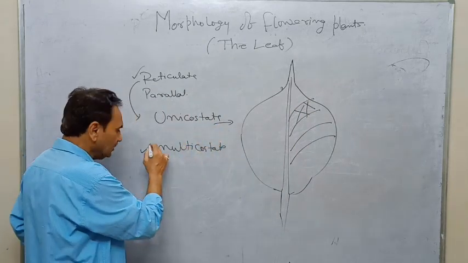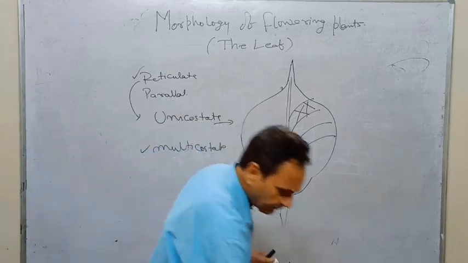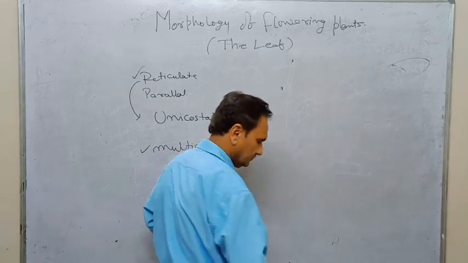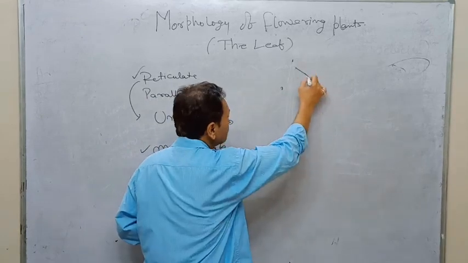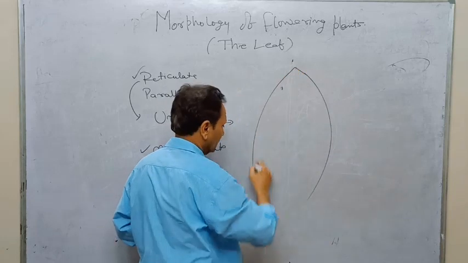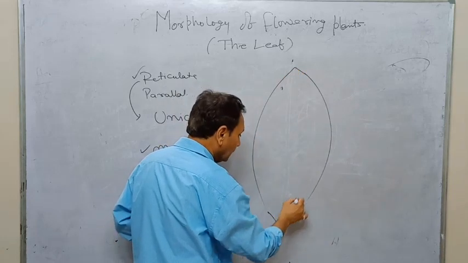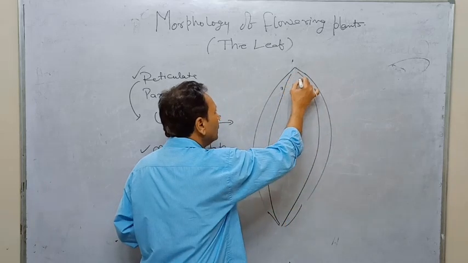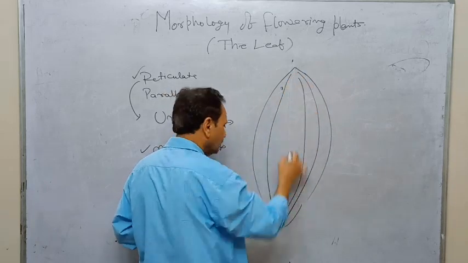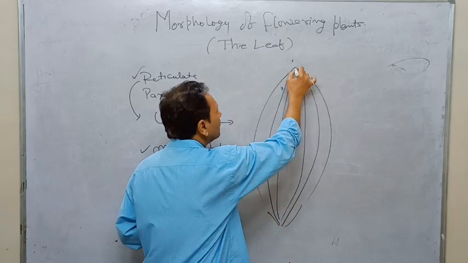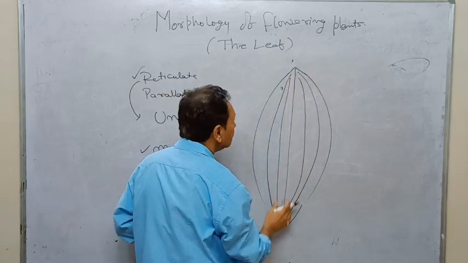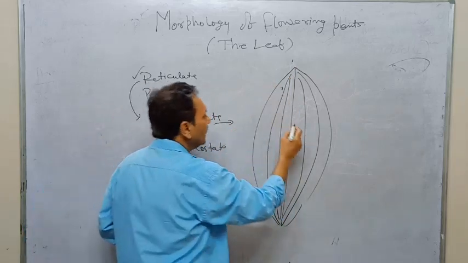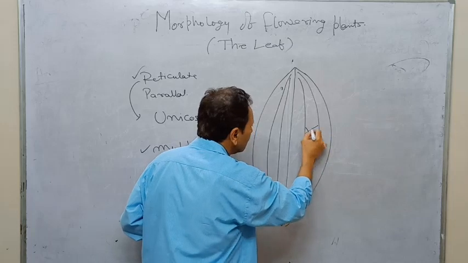But in case of multicostate venation, it has been observed that in one leaf, many veins originate from the base and come without any crossing. They will be here, and in between these two there are nets.